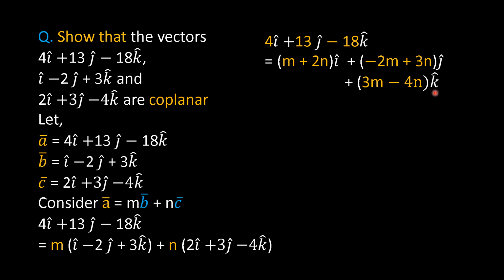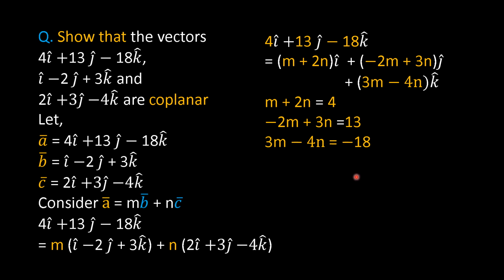Now we will compare the coefficients of i, j and k and write m plus 2n equals 4, minus 2m plus 3n equals 13, and 3m minus 4n equals minus 18.